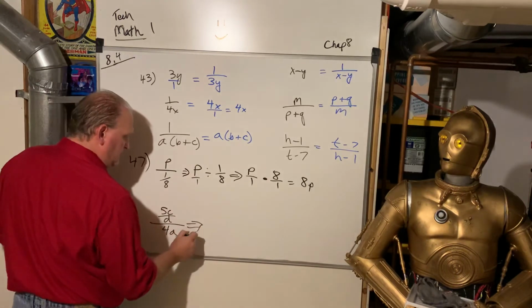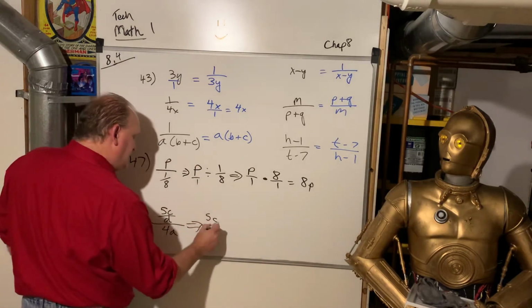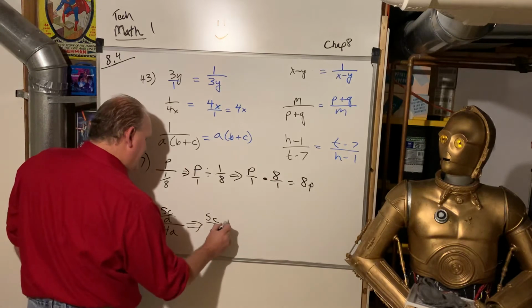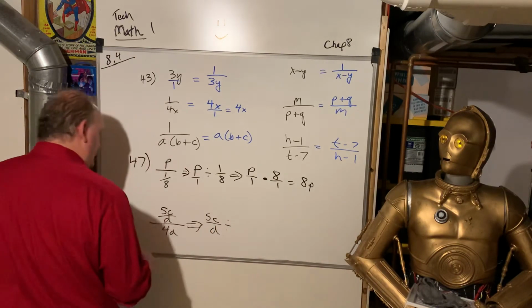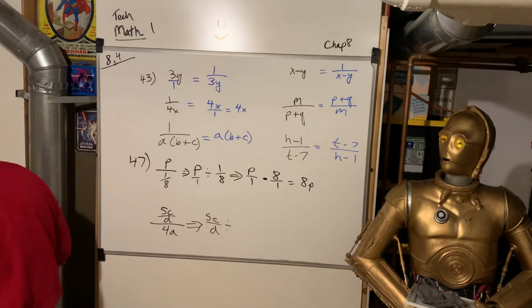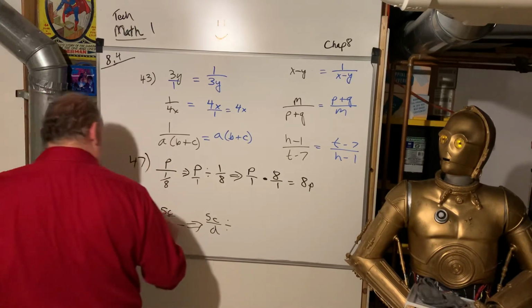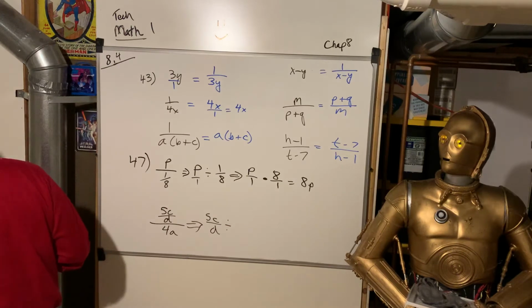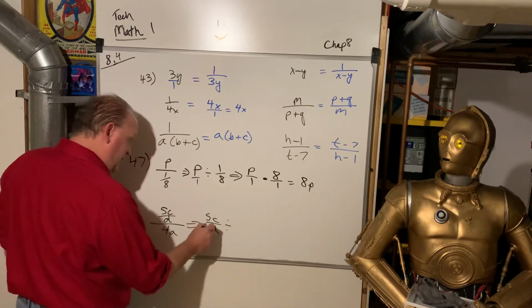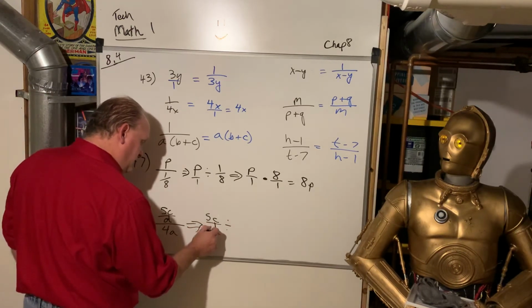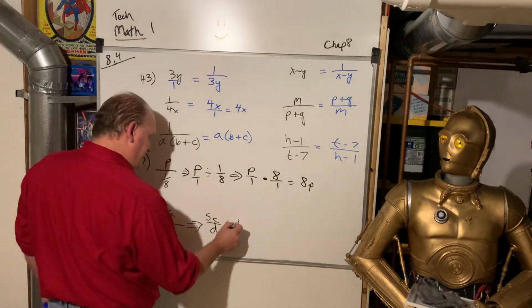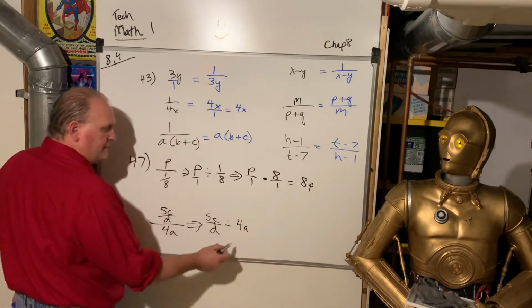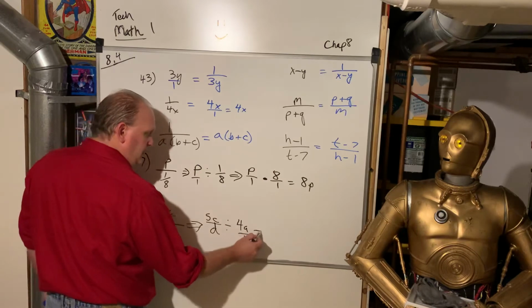Here, we'll do the little arrowy thing. So 5c over d divided by, oh wait, is that an a or a d? No, this one's a d, and that one is an a. So that is 5c over d divided by 4a, and we're going to call it 4a over 1, and then we're going to rewrite it.